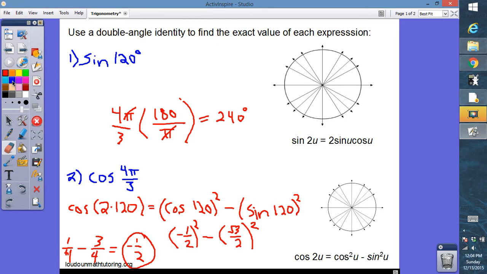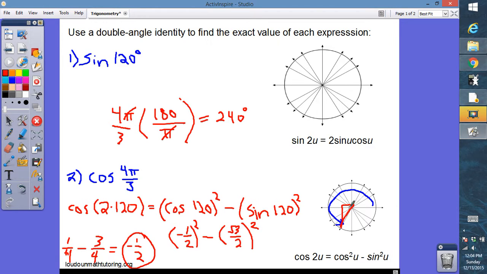Now again, we talked about the fact that I could have, what I know about the unit circle, I know that 240 degrees is 180 plus another 60, right? So it puts us here on our unit circle. Okay, what I really should do is, we know that the reference angle is 60 degrees back to the x-axis.